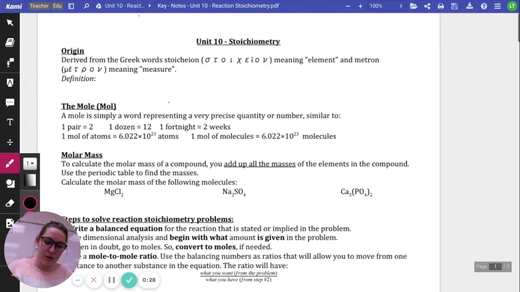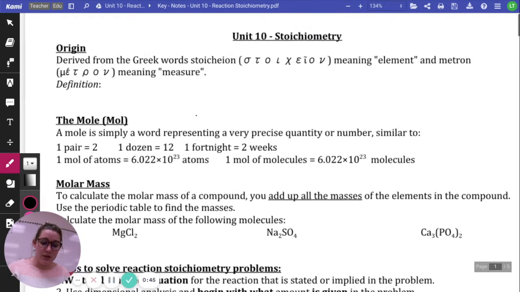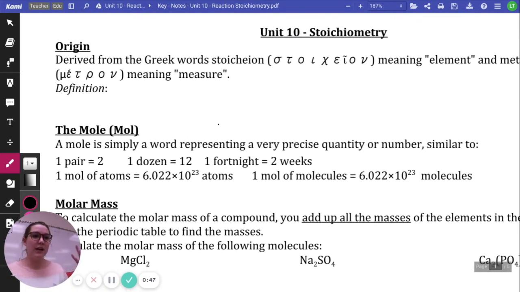All right, so first off, what is stoichiometry, or stoic? Some people also call it stoichiometry. Well, it's derived from Greek words. The first one is stoichion, which means element, and then metron, which means measure. So, what is stoichiometry? Well, it's measuring elements, kind of.